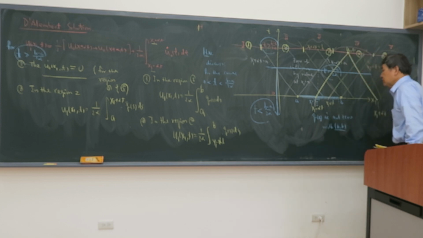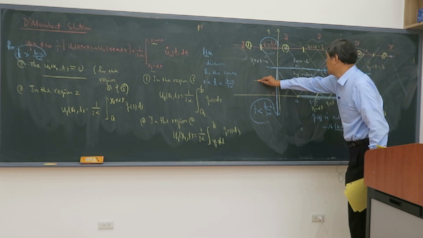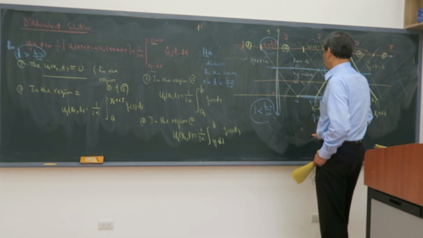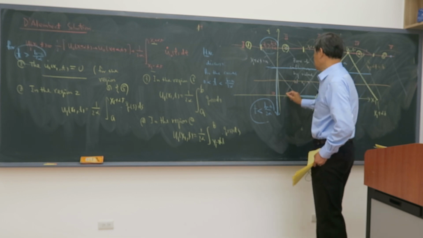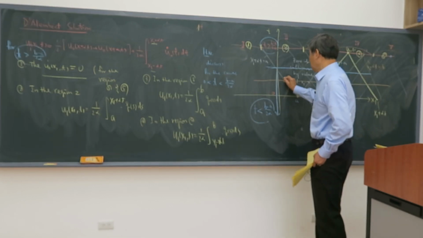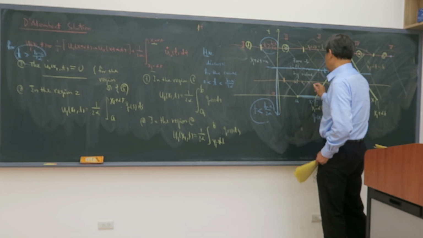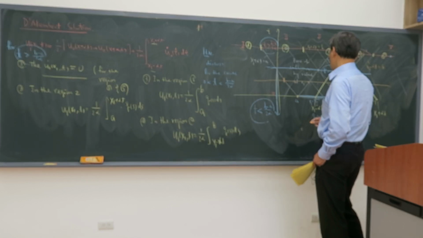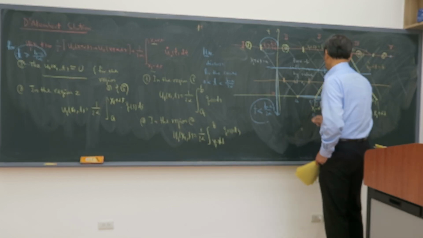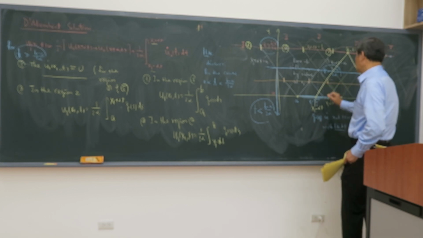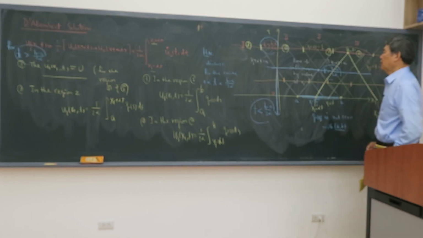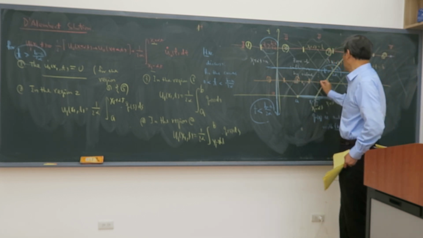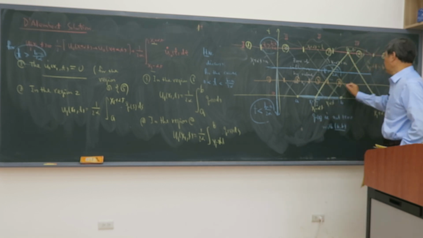You can have a zone here, and right, this will be one zone. And this will be one zone. This will be one zone. This will be one zone. Okay, you have zone 1, 2, 3, 4, 5.